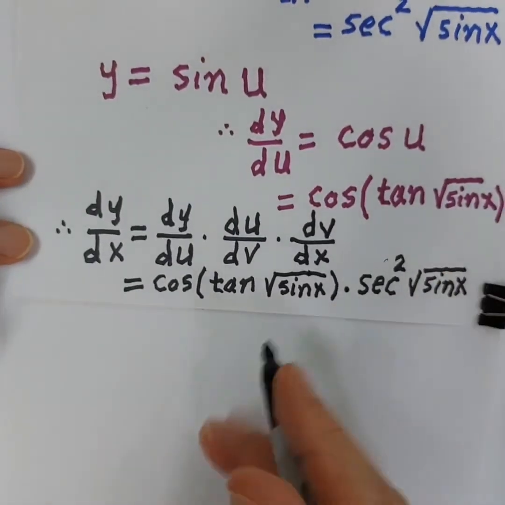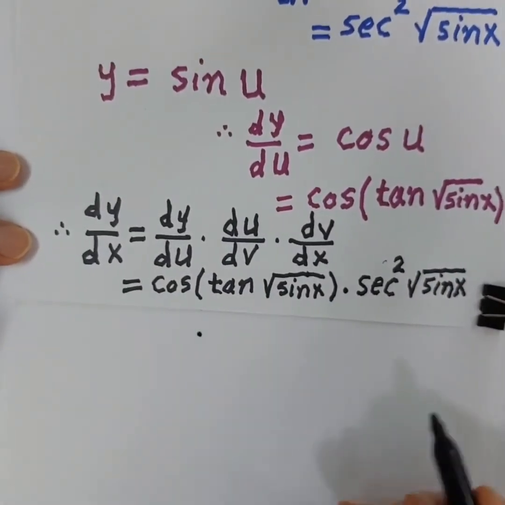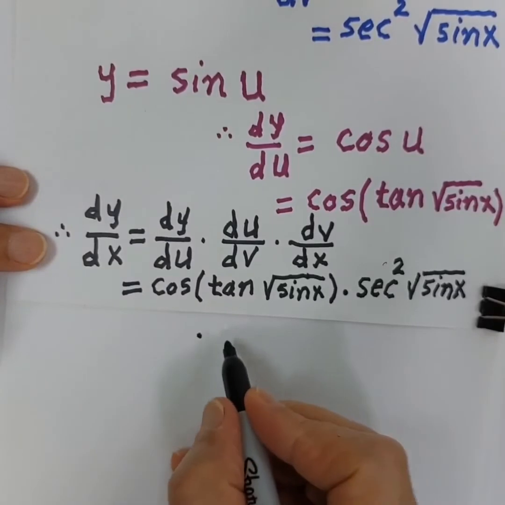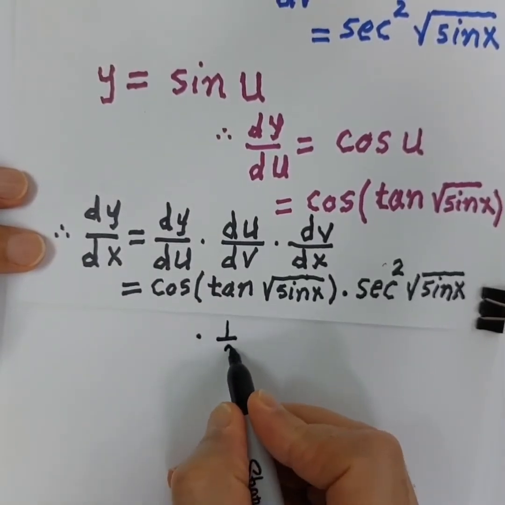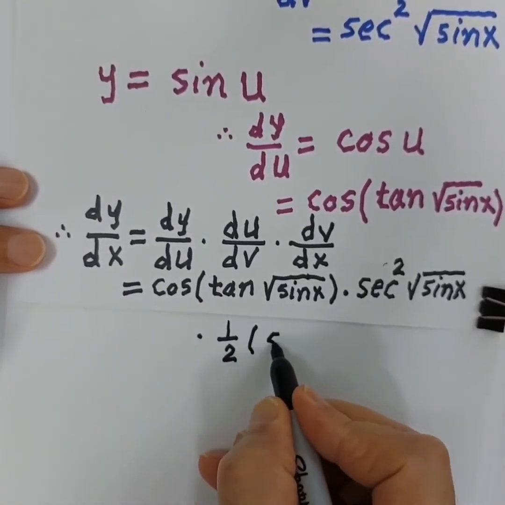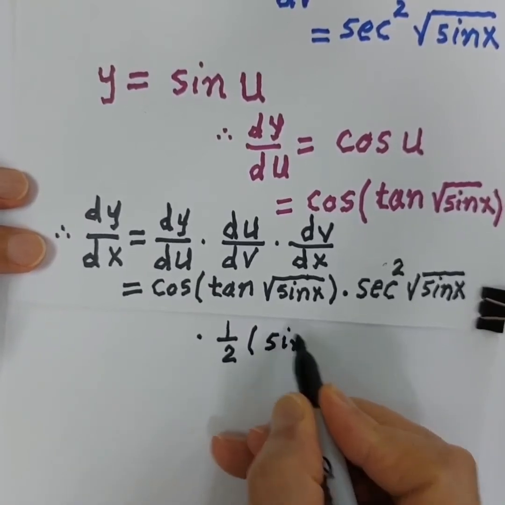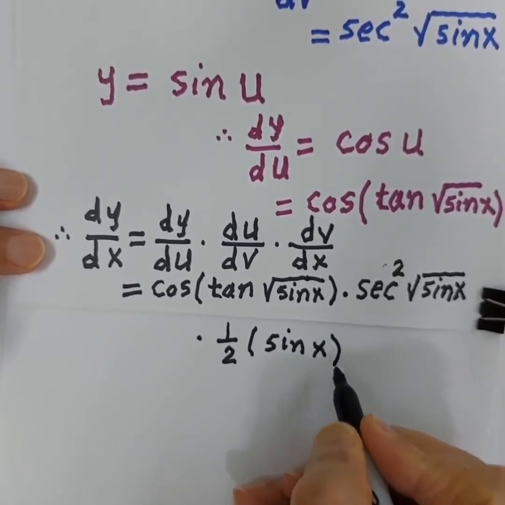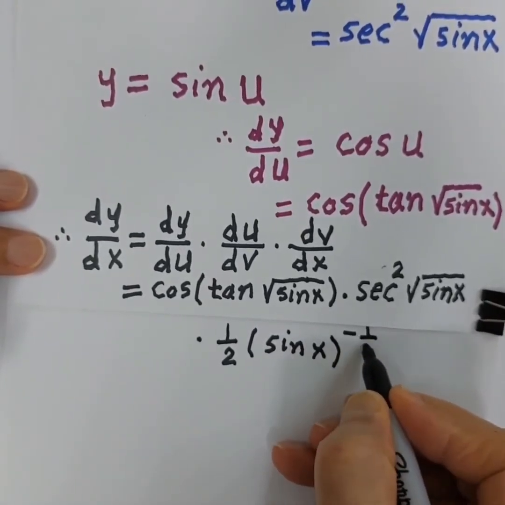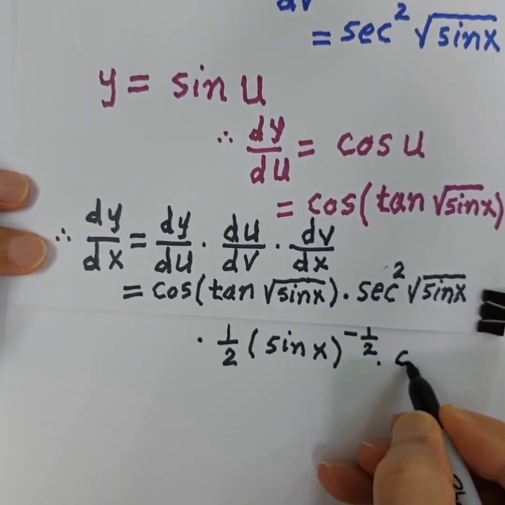This means this will be multiplied by 1/2 sine x to power minus half times cosine x.